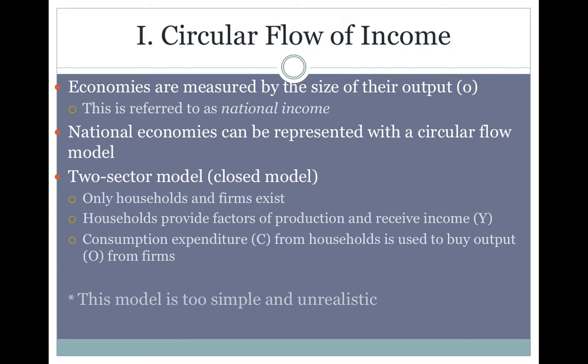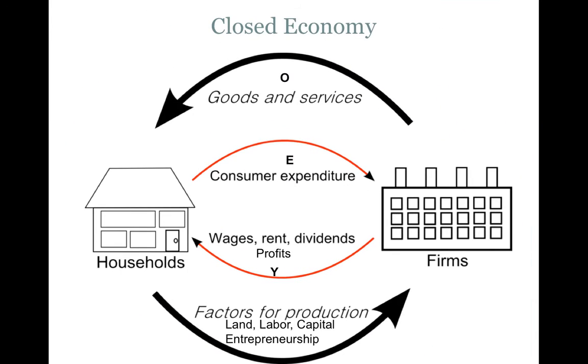And then something flows from the households back to the firms to compensate the firms for that flow. So I'm going to skip to the next slide to give you a more visual depiction of how this looks.